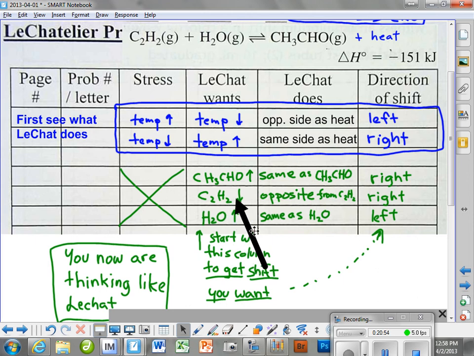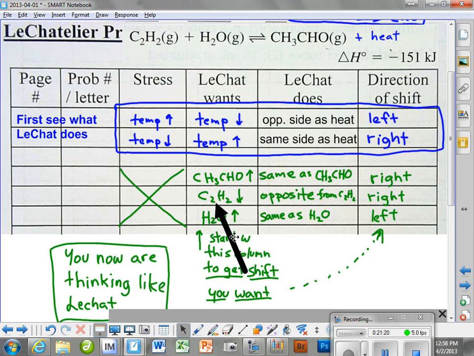Now, how am I going to get C2H2 to go down? Well, to do that, we have to go to the opposite side as the C2H2. Now you see, everything is from the perspective of these guys and not from the heat. When I was doing the Le Chat stuff, I was doing everything from the heat perspective.